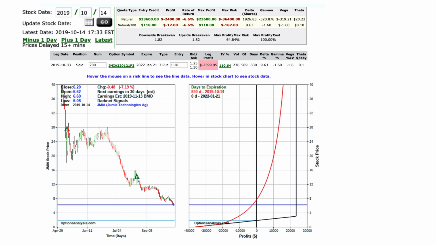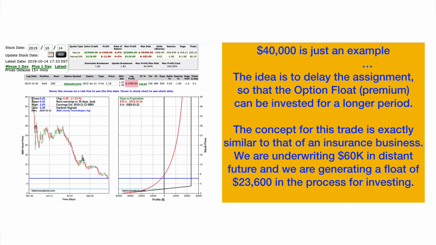So by the time that I have to actually pay the $60,000 for the assignment, who knows, the value of this $23,600 could have gone up to, let's say, $40,000. So effectively that brings down my risk to just $20,000.